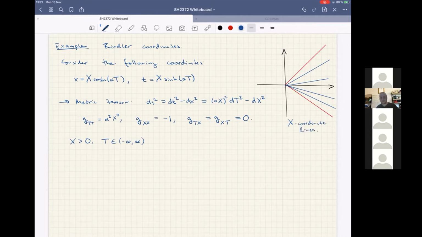It's the surfaces of constant t coordinates, and we're going to have the coordinate lines of the t coordinates. And now my drawing skills come to the task, but they look something like this. It's hyperbolae essentially that are these t coordinate lines.